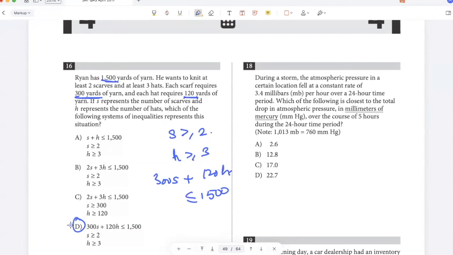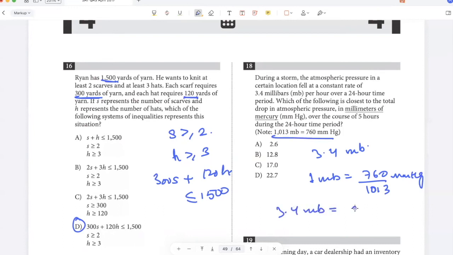Okay, so it fell by 3.4 millibars per hour, and 1 millibar is 760 by 1013 millimeters of mercury, right? So 3.4 millibars would be 3.4 times 760 divided by 1013, right?